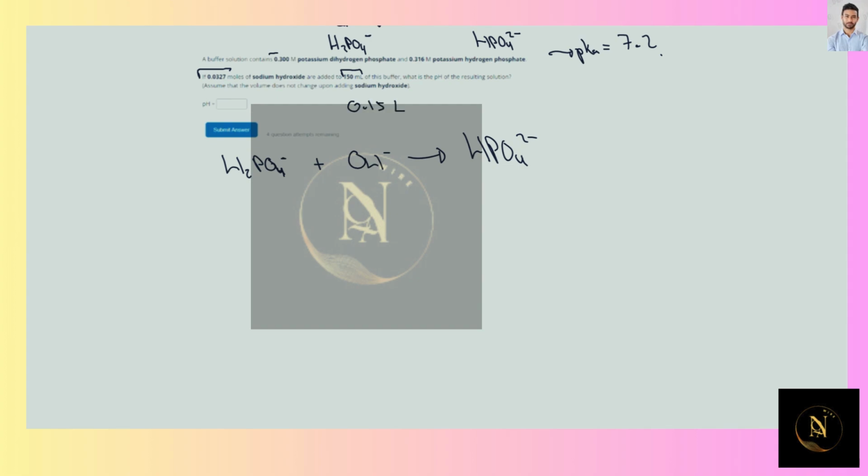So, the initial amount of mole that we're going to have of the weak acid, I'm going to abbreviate it as WA of H2PO4. Remember that this one is going to be the conjugate base, would be equal to the volume in liters times the concentration in molarity that we're going to get. So, it would be 0.15 liters multiplied by 0.300 molar.